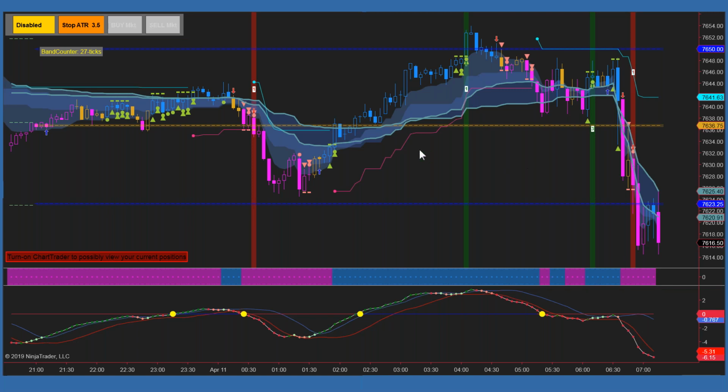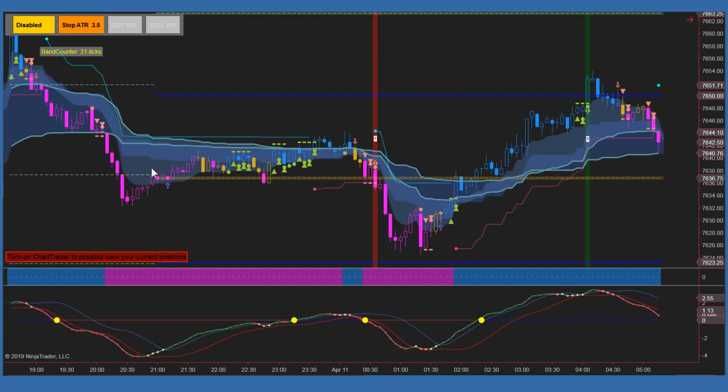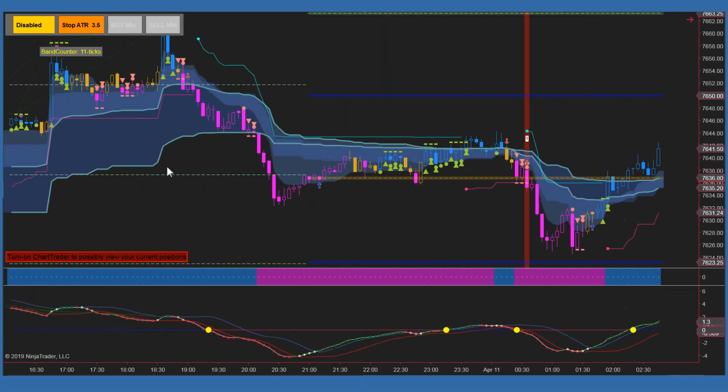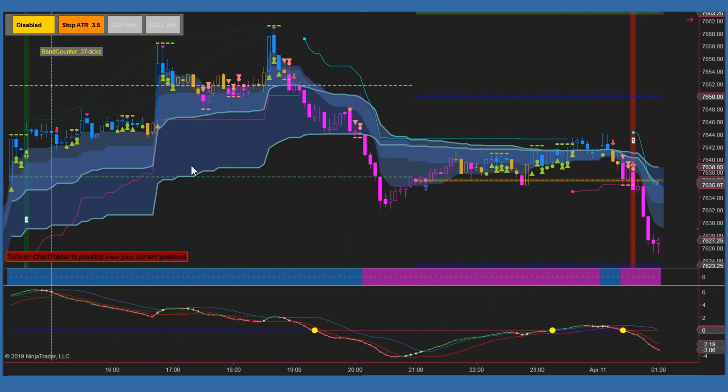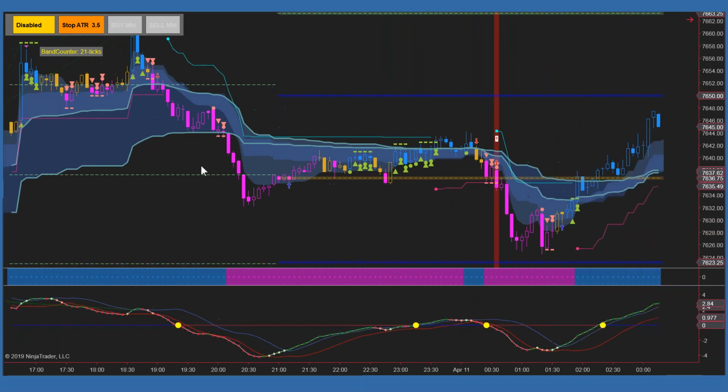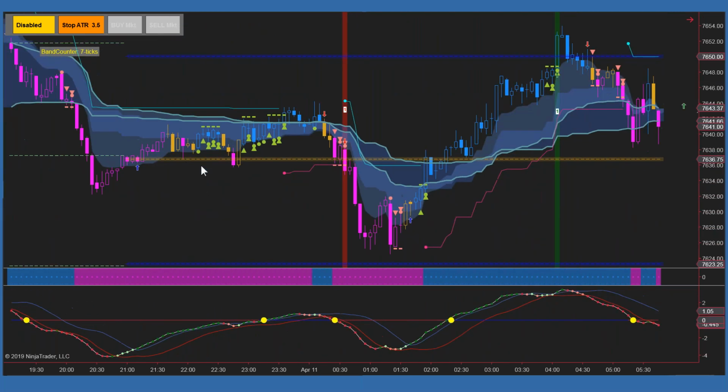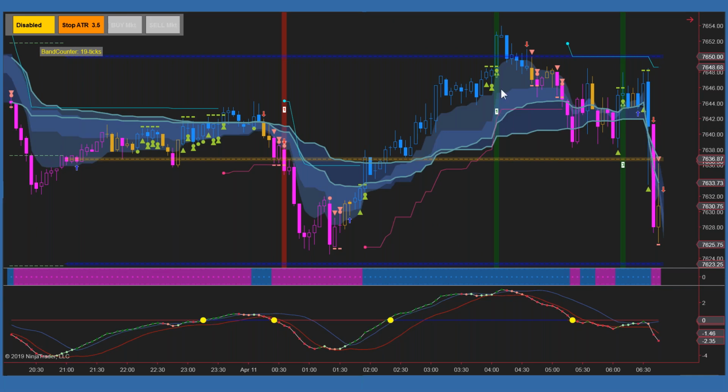Okay, so right off, you should see that this is not all that similar to what we were just looking at. The biggest difference, I think, is not so much the look, but rather the lack of signals.